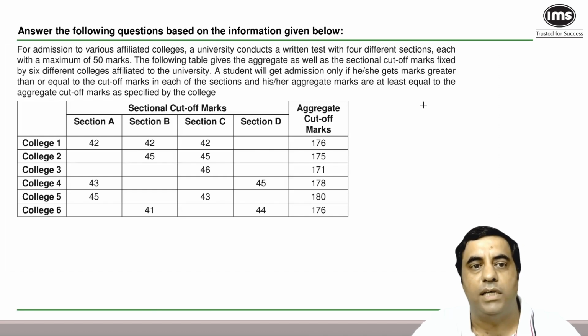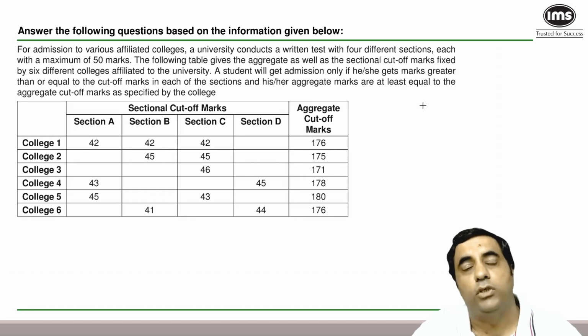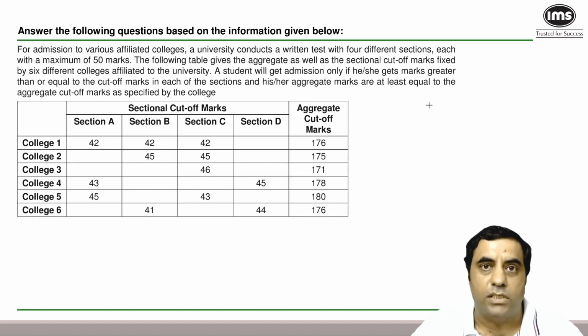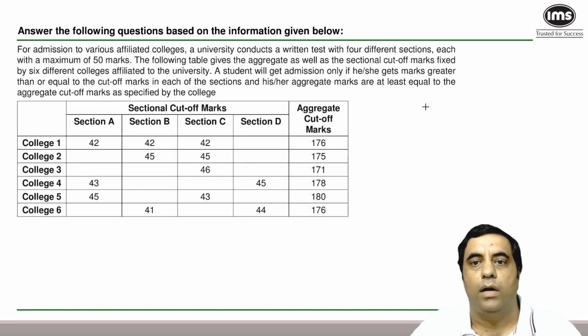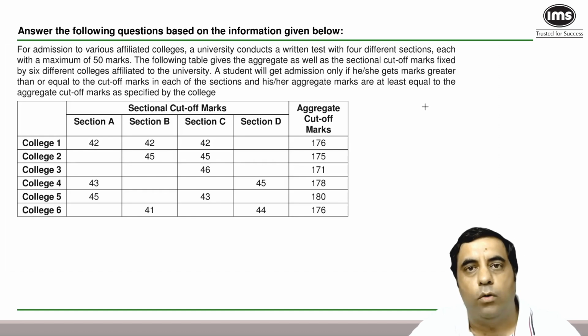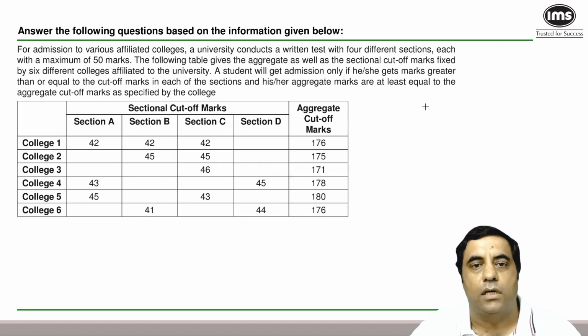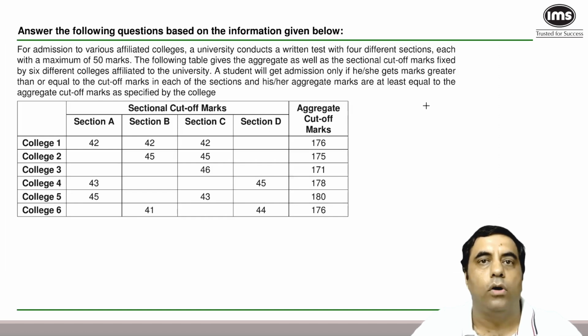Now, if you look at the table, it says college 1 has a cutoff for section A 42, section B 42, similarly section C, but there is no cutoff for section D. But the overall score required for admission in college 1 is 176. Similarly, for college 2, there's a cutoff for B and C, and the overall cutoff is also there.